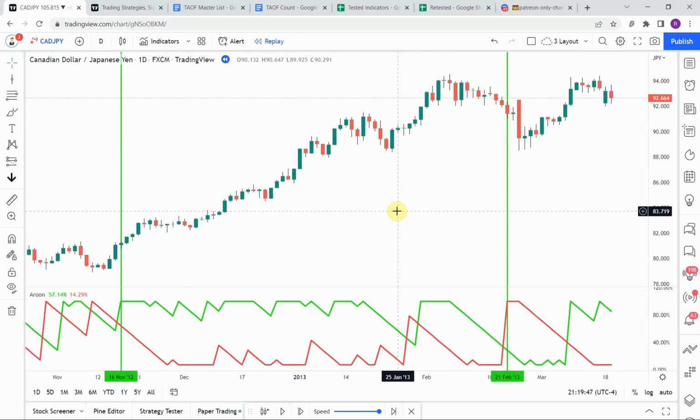Now we are going back and testing them over a longer period of time, or I guess over a more significant number of trades.